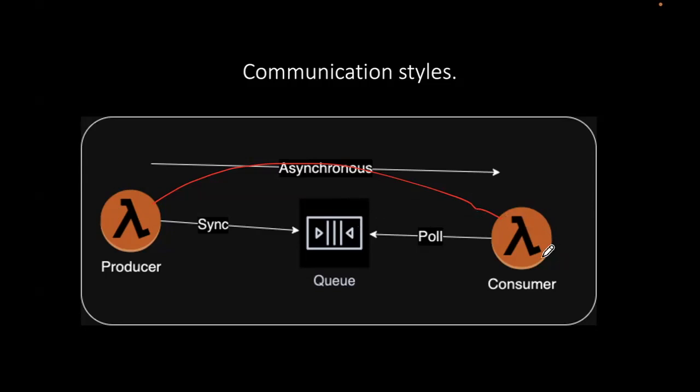There are many reasons why this lambda may not be able to process the batch that it received. It may be because the actual message is faulty or incorrectly structured. It may be that this lambda is using some other service as part of the processing, and that service is returning, let's say, a throttling error, which means it's too busy, which causes this to fail.